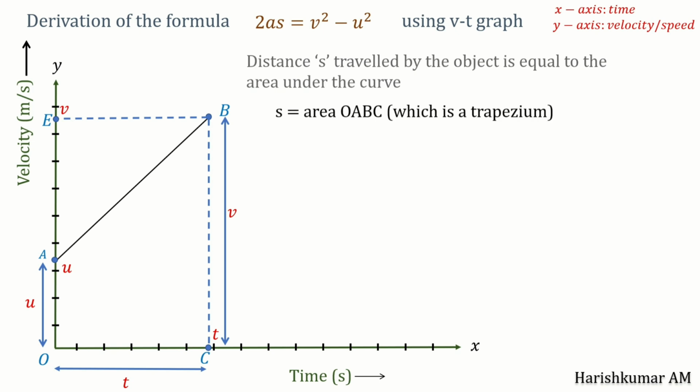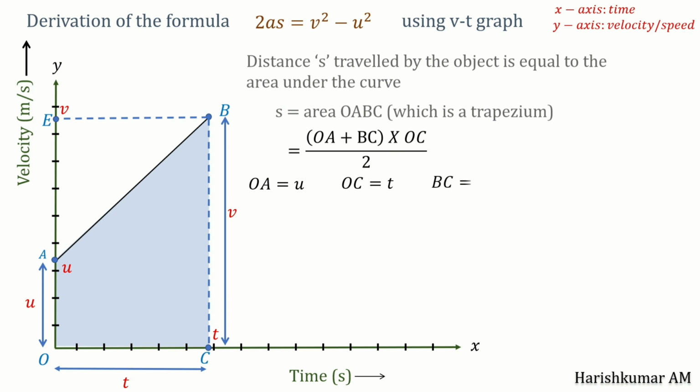Here, the area which we have considered is the area of a trapezium. Here OA is equal to u, OC is equal to t and BC is equal to v. Further substituting, we have got s is equal to u plus v into t by 2.